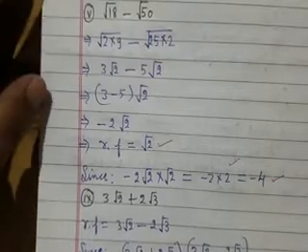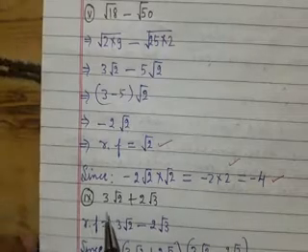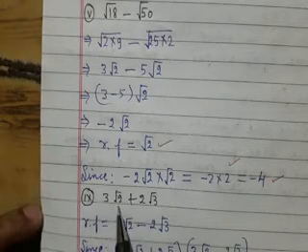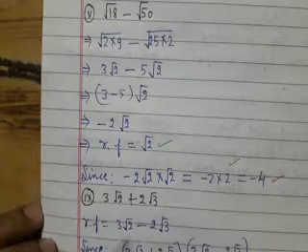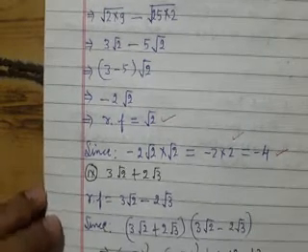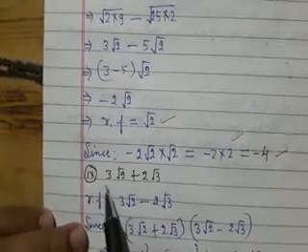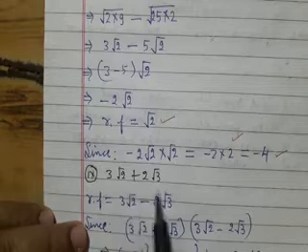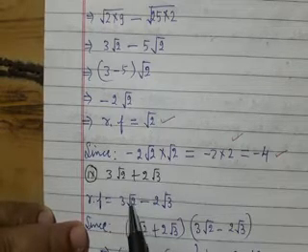Now take question number 9: 3 root 2 plus 2 root 3. This is in the simplest form.